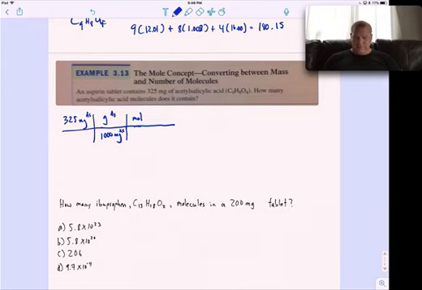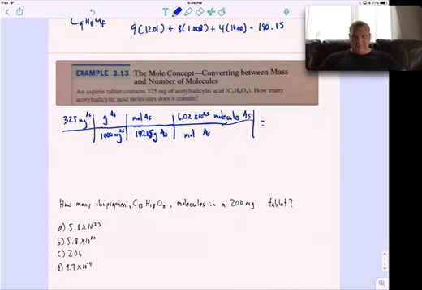Grams aspirin to mole aspirin: 180.15 grams aspirin per mole, and then 6.02 times 10 to the 23rd molecules per mole of aspirin. And then you throw it in your handy dandy calculator.